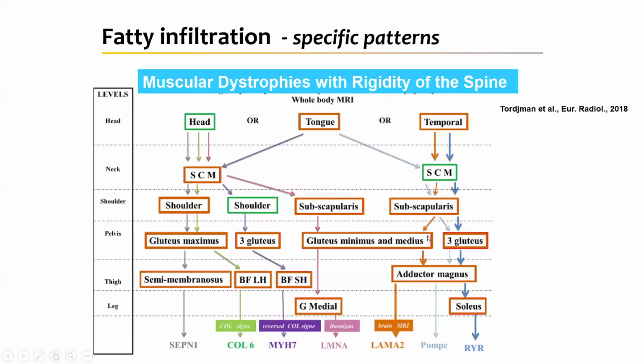And the other option is for merosin mutation, where your brain scan will give you the diagnosis. So you see, you have a number of options, and you can sort out cases at least for some diseases.